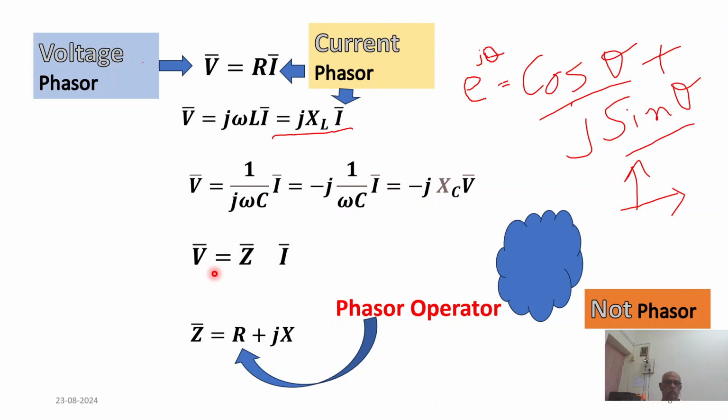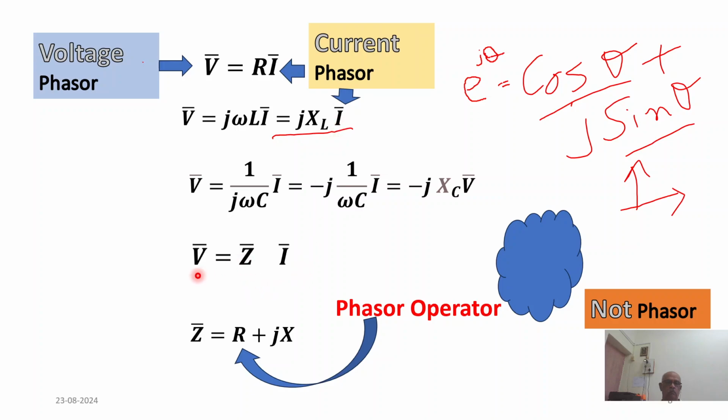So what we see here is the voltage current relationship is V equal to Z into I. This was a phasor, this was a phasor, but this wasn't. Here also I have got this phasor, but XL was not a phasor. So the phasor is equal to a scalar multiplied by a phasor.